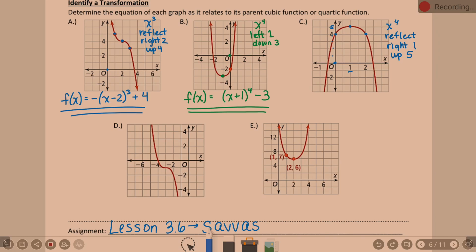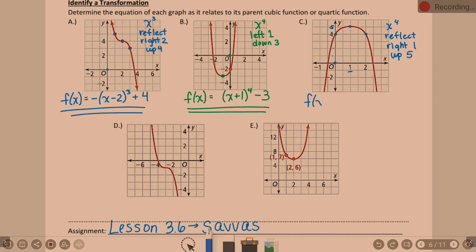So technically they're over 1 and down 1. They're trying to trick us, yes? It looks like there's some kind of compression going on, but that's just because they didn't count by ones on both axes. So in reality, if you look at points, it's over 1, down 1, so no stretch or compression. And honestly, I don't remember if you have stretch or compressions in homework. You might not even have them, but I'm still going to address it just because we have to pay attention.